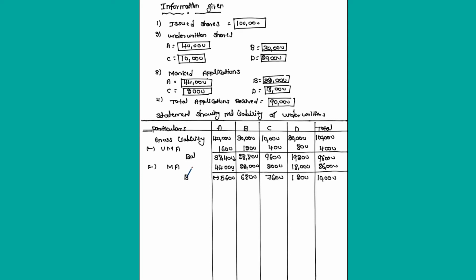So less surplus of A distributed to B, C, D in the form of ratio 3:1:2. Based on this ratio we should distribute.